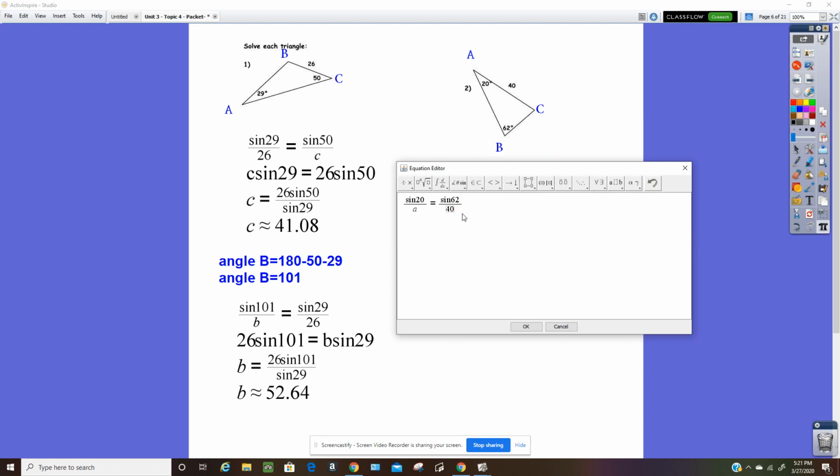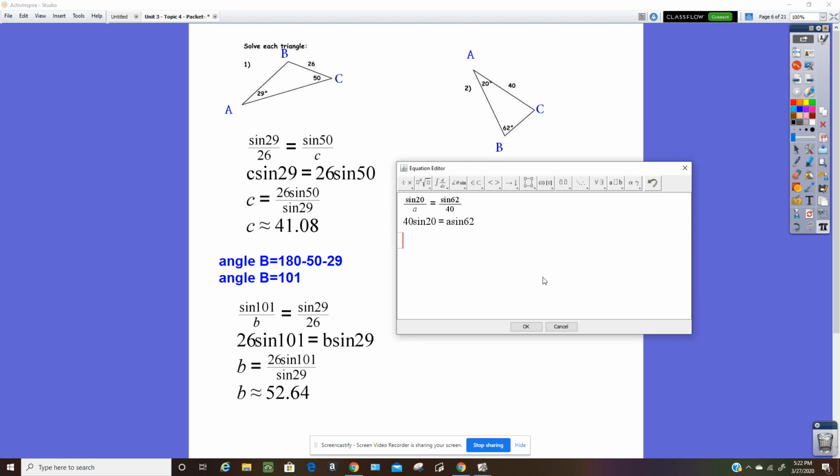So now I have my proportion set up, and I'm going to cross multiply next. So 40 sine of 20 equals A sine of 62. In order to find A, I divide both sides by sine of 62.